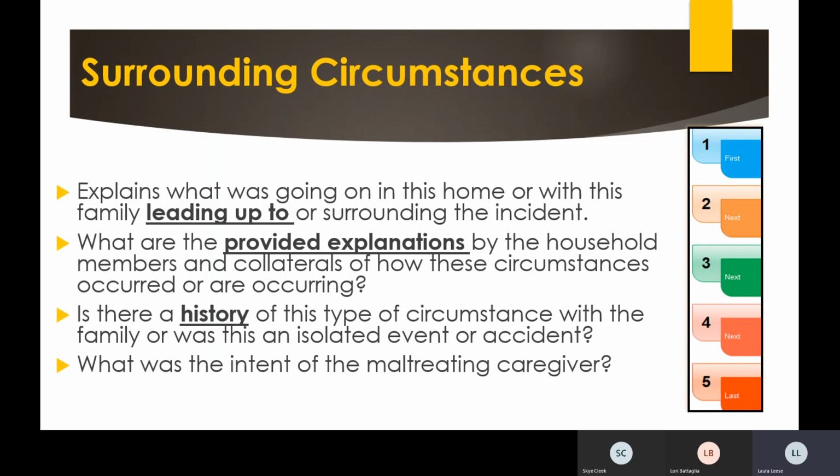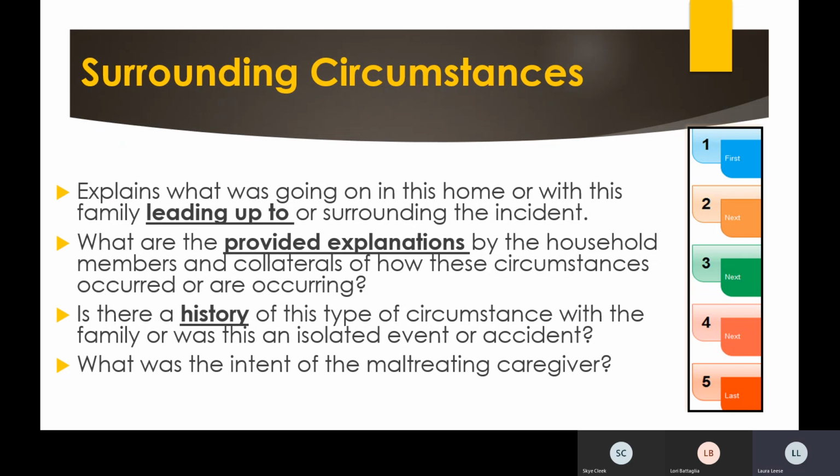What are the provided explanations by the household members and collaterals of how these circumstances occurred or are occurring? This section should also talk about whether there is a history of this type of circumstance.